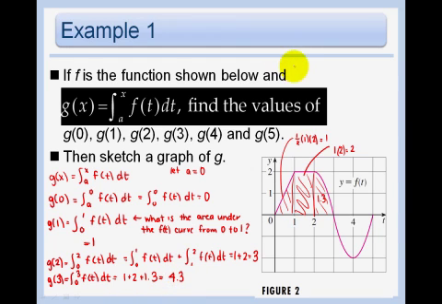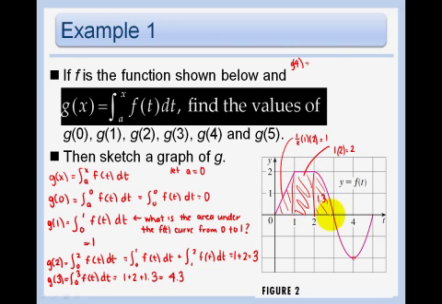I'm just going to move up here since I'm running out of room. To find g of 4, how am I going to do g of 4? g of 4 is the area under the curve up to this point. So in order to find that, what am I going to do?